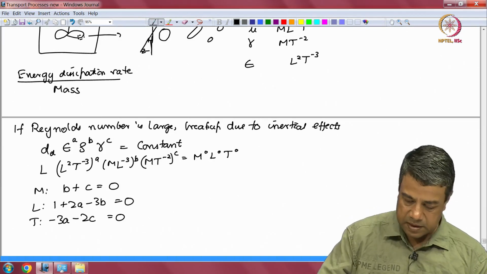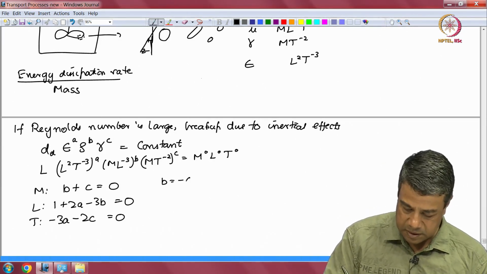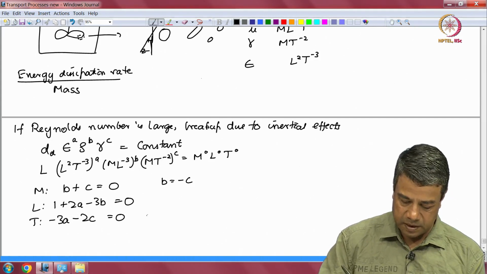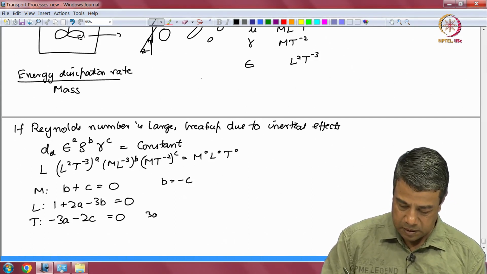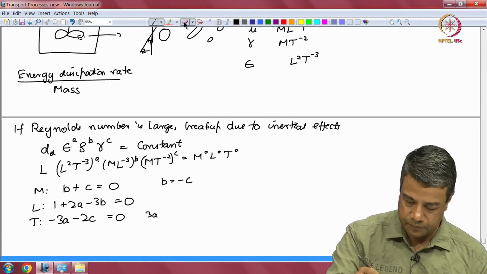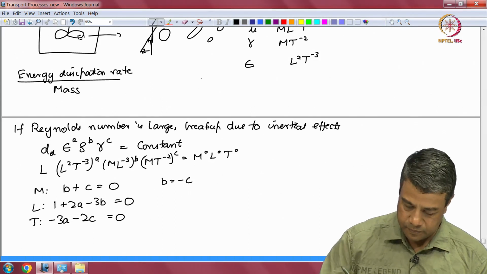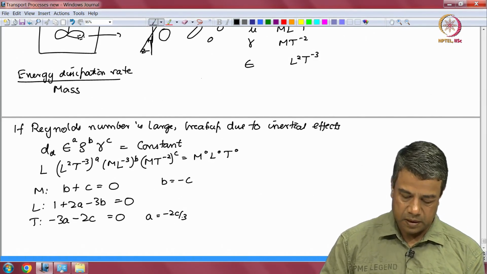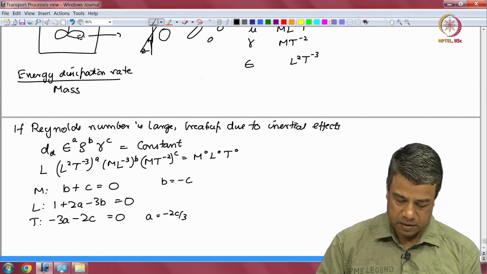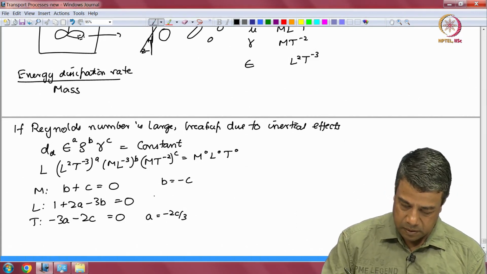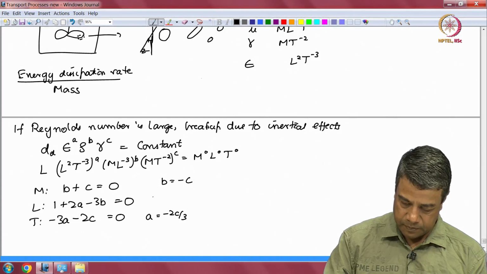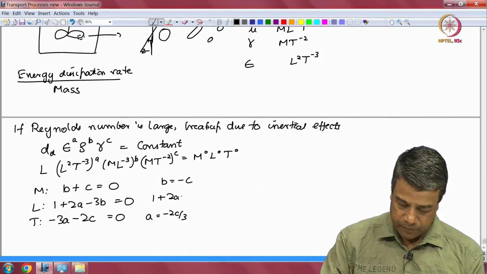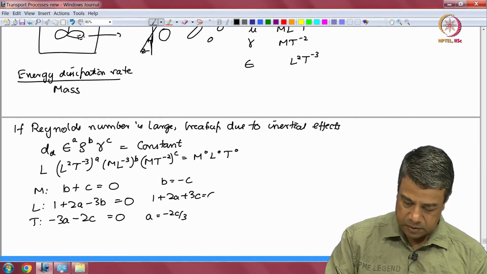So, this gives me basically B is equal to minus C, this gives me A equal to minus 2C by 3, and then I have to substitute that into this equation. I will get 1 plus 2A plus 3C is equal to 0.